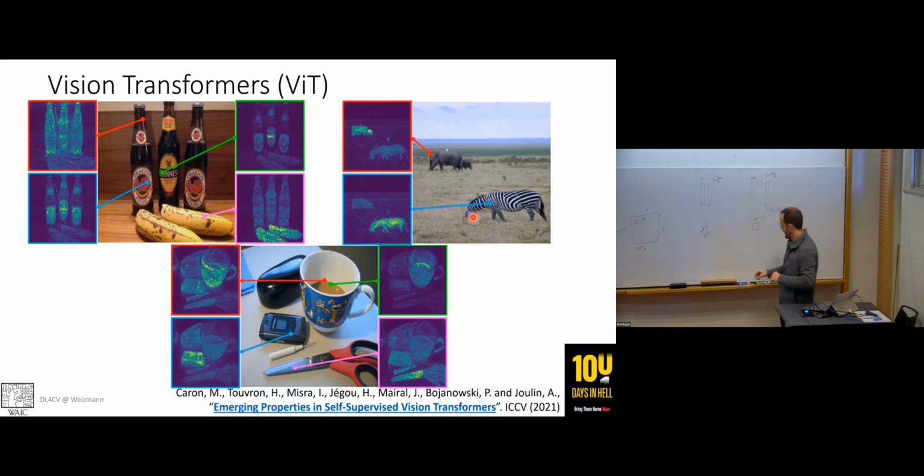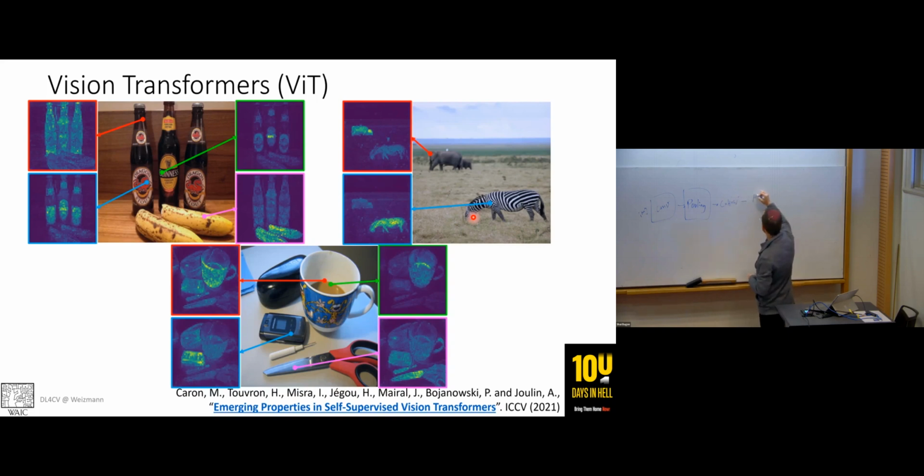So the confusion here, I think, is that in a convolutional neural network, you had an image, you had conv layers, pooling, and then you had some channel by H by W features.